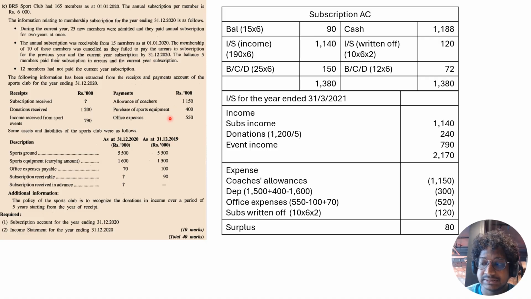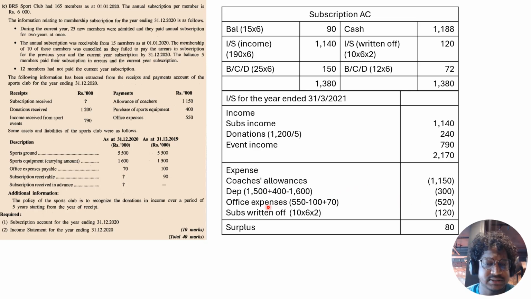So 1,500 plus 400, altogether the sport equipment that you should have is 1,900. But as at closing date, the sport equipment is given at the carrying amount 1,600. So which means the depreciation for this year is 300.